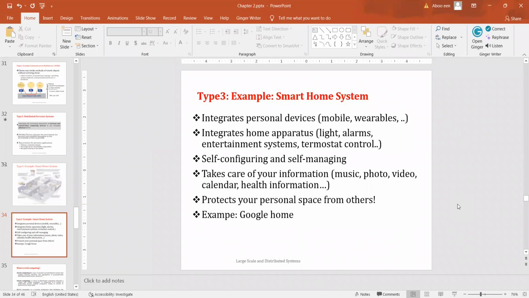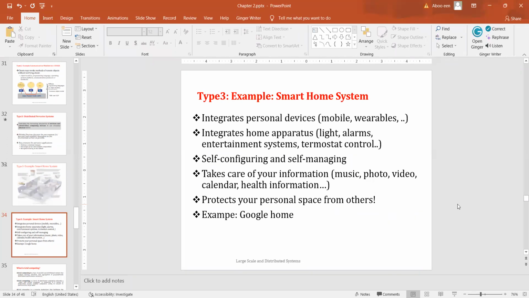So it protects your personal space from others. It is very conducive and very supportive for you. So others are away from you, and you don't need to depend on others. The systems are helping you to live in a smart way.